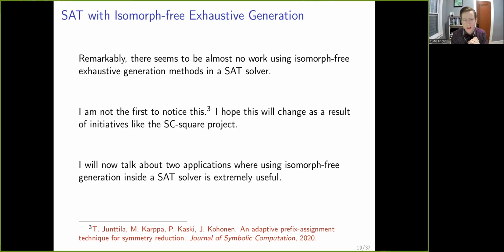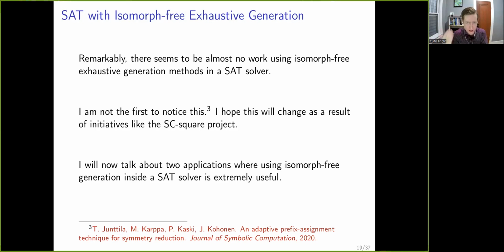I guess it could just come down to the whole reason for the SC² program, right? We have these two communities which both have decades of wisdom in them of how to go about solving this problem of removing isomorphisms. But really, you have the two hands. One hand doesn't know what the other's doing. Maybe that's the reason why it hasn't been done.